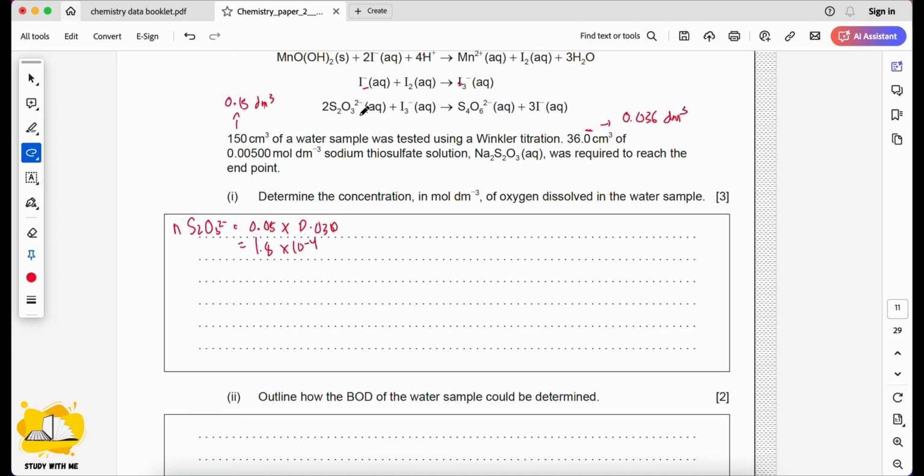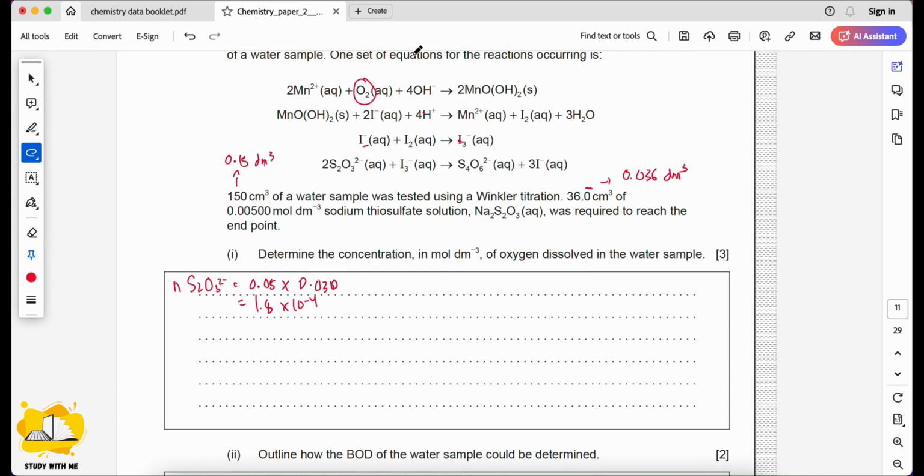Okay, then you can calculate the mole of I2, because we go up here until we reach oxygen. So the mole of I2 will be half the mole of thiosulfate because thiosulfate here is 2. So half times 1.8 times 10^-4, that will be 0.0009 mole.